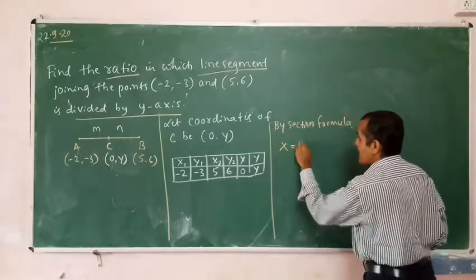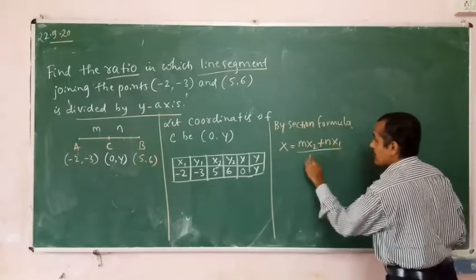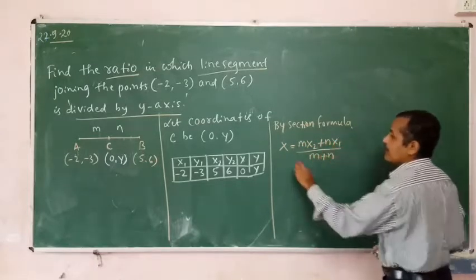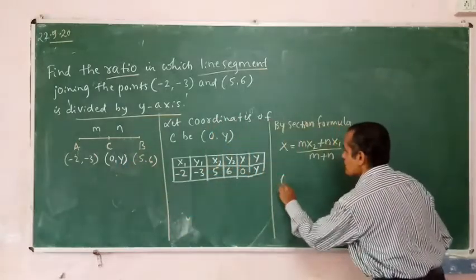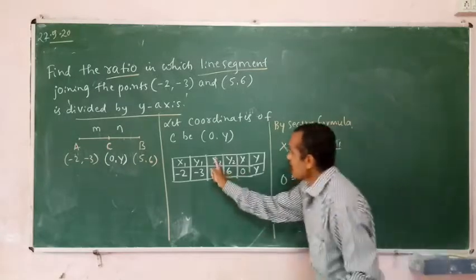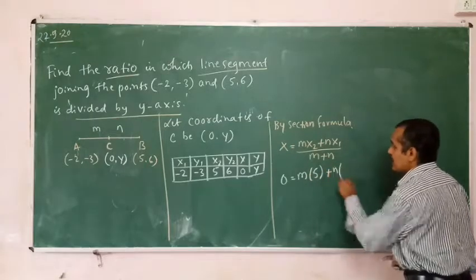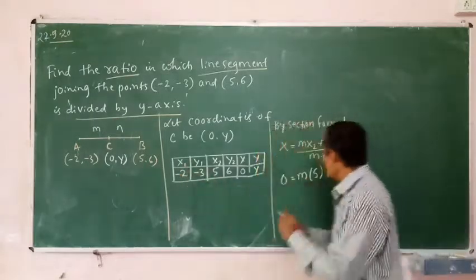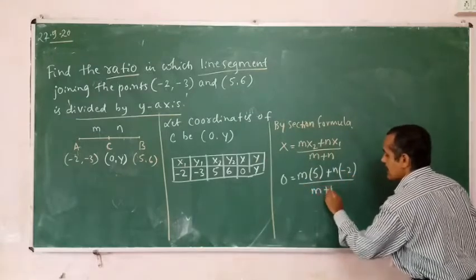x is equals to mx2 plus nx1 divided by m plus n. x value is 0. 0 is equals to m x2, m is an unknown, x2 is 5. m into 5 plus n is an unknown, x1 is minus 2, divided by m plus n.